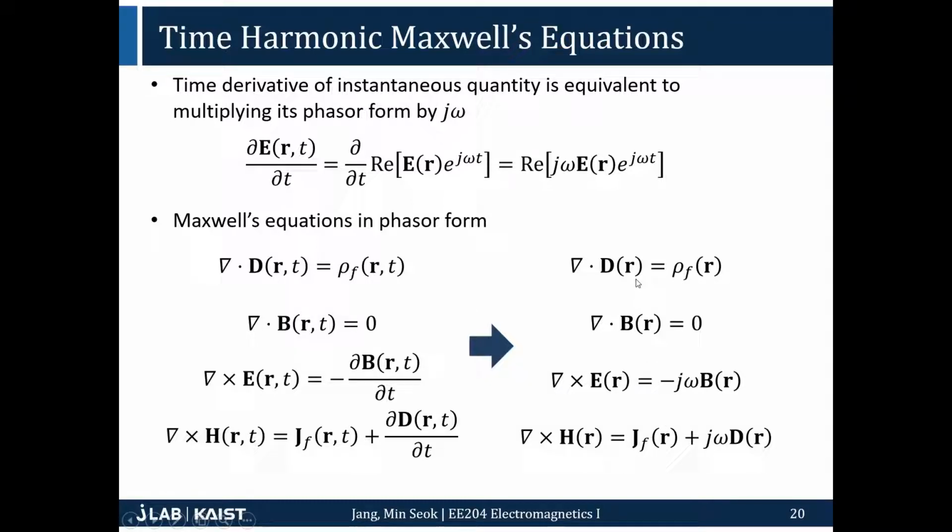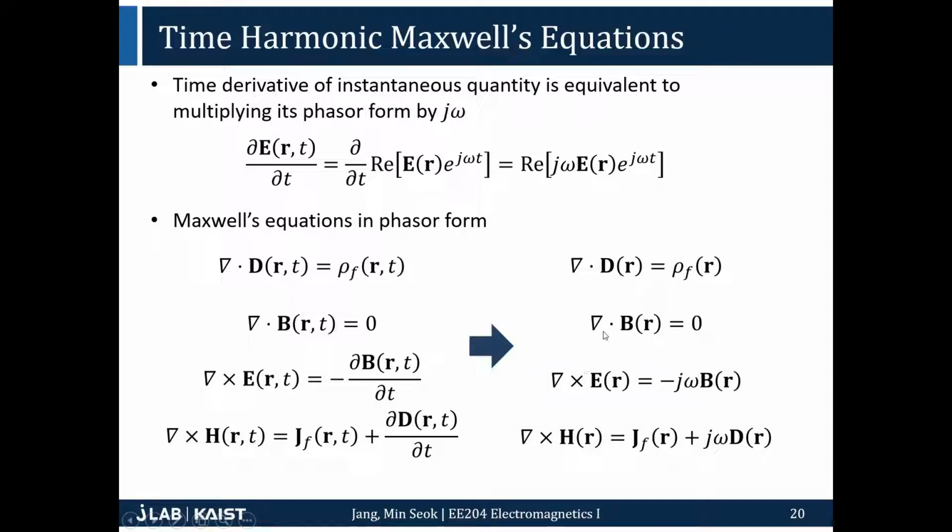Here we just assume time harmonic dependence, so all the time derivatives are replaced by j omega. The equations are much simpler here, and we only need to deal with the E field, B field, and all these fields only depend on space.